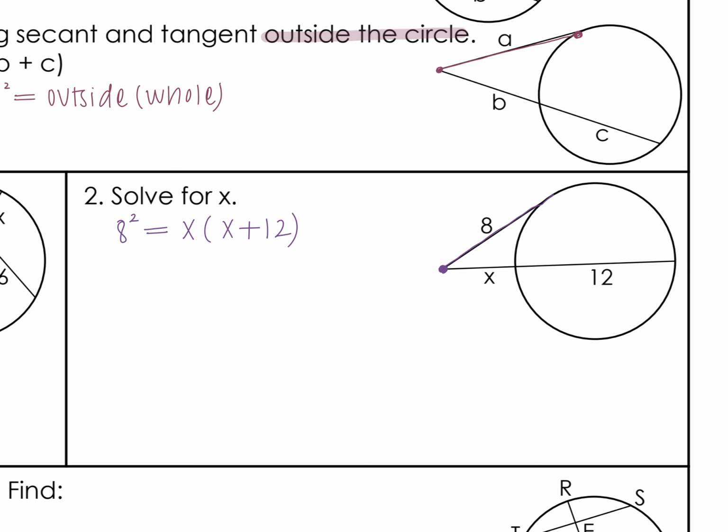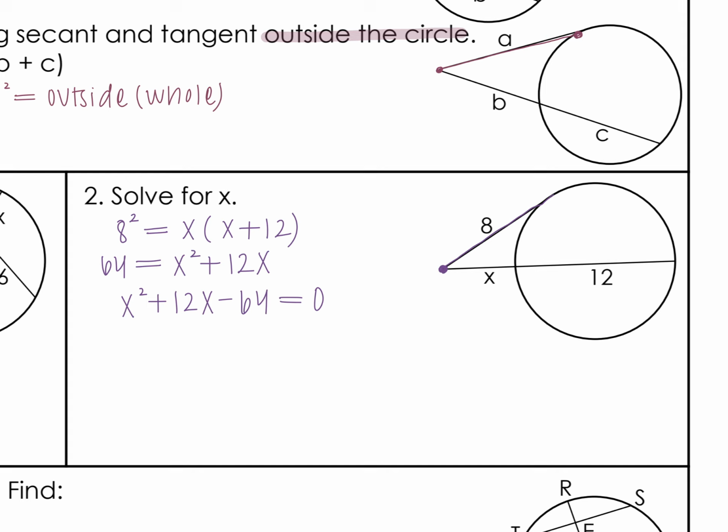Okay, then I'm going to square my 8 to get 64, and I'm going to distribute that x to get x squared plus 12x. Okay, so I'm going to go ahead and set this equal to 0 so that I can factor. So I'm going to have my x squared plus 12x minus 64 is equal to 0.